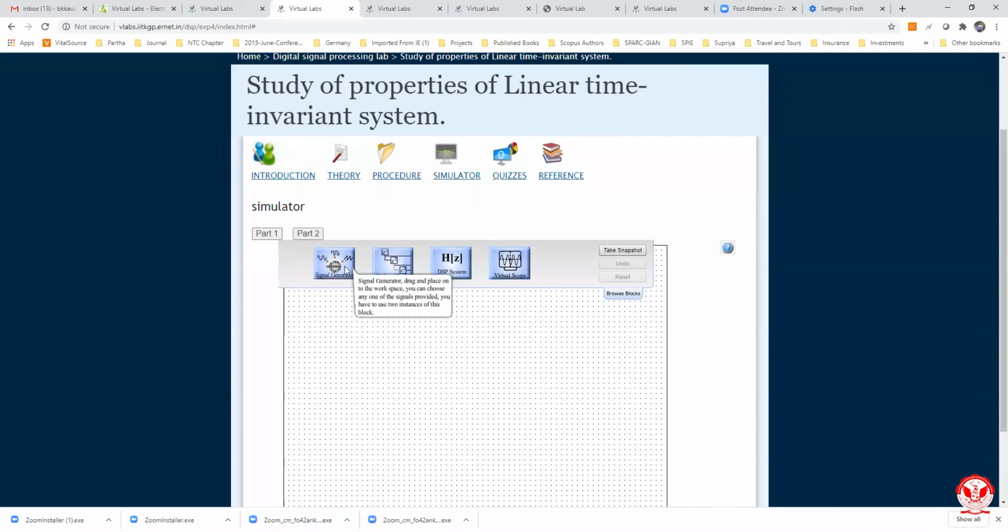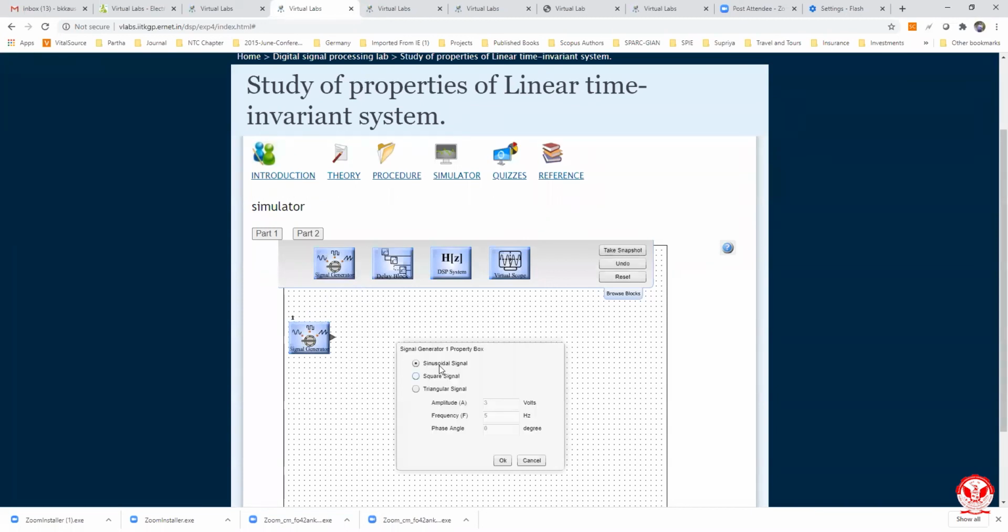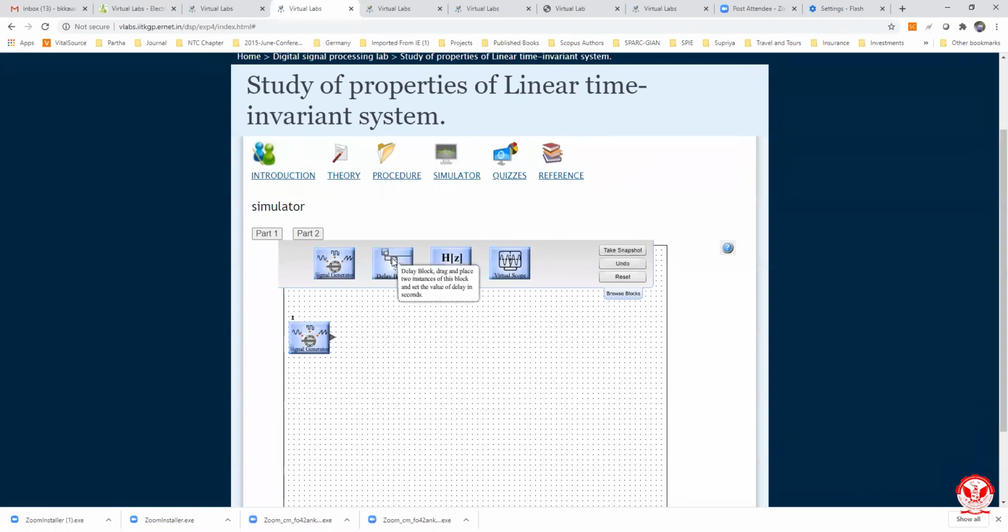So select the signal generator, drag and place here. This is the sinusoidal one. We take the sinusoidal signal here. Amplitude, we keep 3 and 5. Frequency, phase angle, for convenience, it is 0 here. We can set as per our convenience, as per our need also. Okay. Window disappears. Now the delay block.